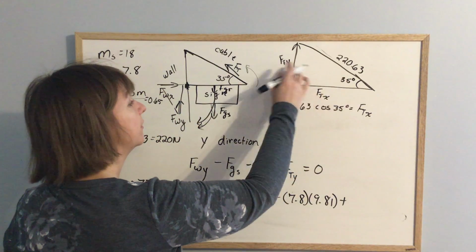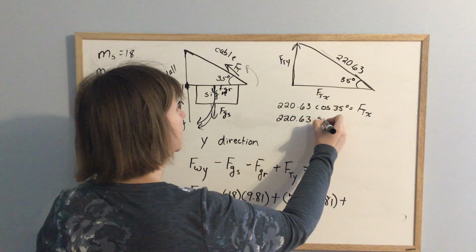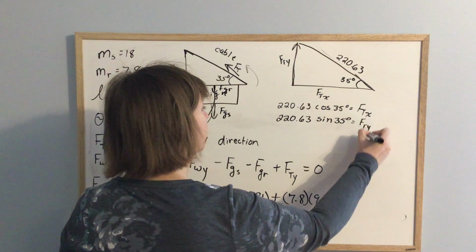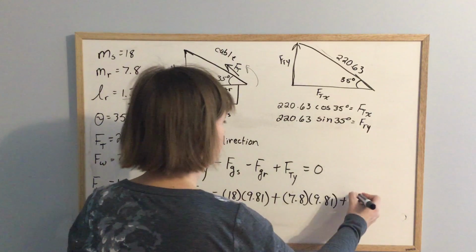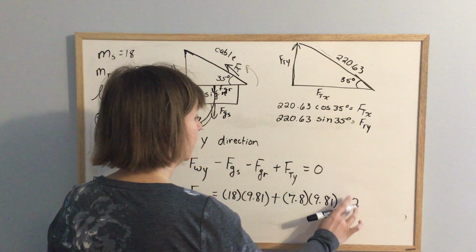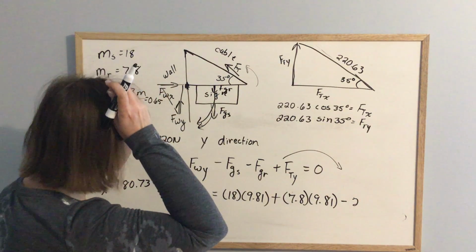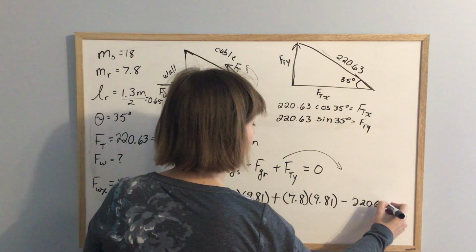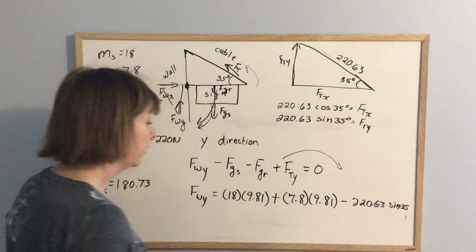Well, Ft(y) is the opposite side, so it's going to be 220.63 times sine of 35. That's going to be Ft(y). So Ft(y) is not going to be plus, it's going to be minus, because I moved it over here, so now it's minus 220.63 times sine of 35.